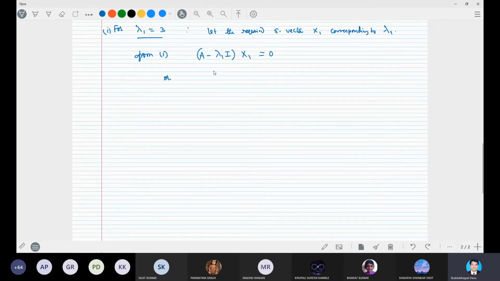Taking this x1 is equal to x, y, z. Because A is a 3 by 3 matrix, the vector will have 3 elements, x, y, z. So x1 is equal to x, y, z.